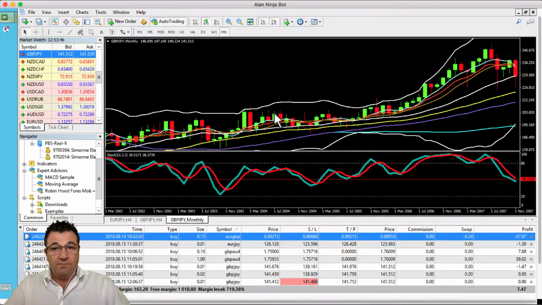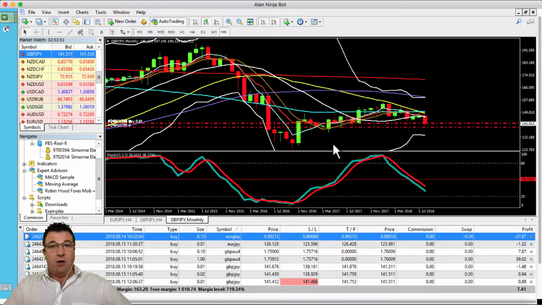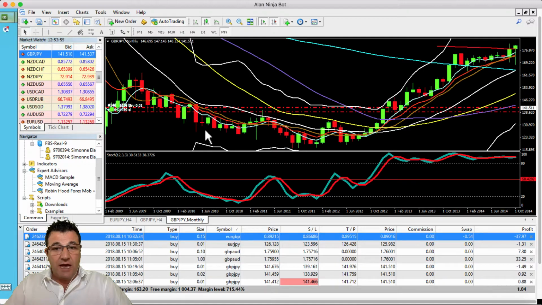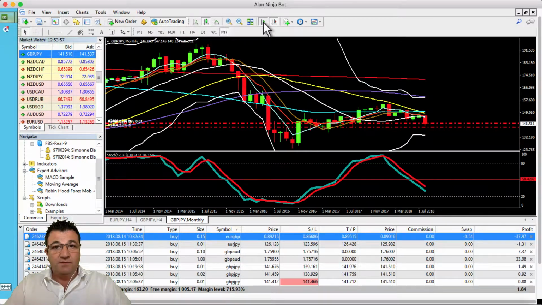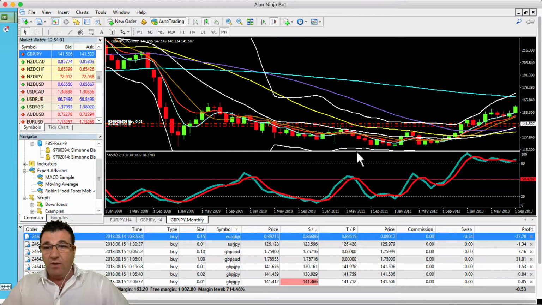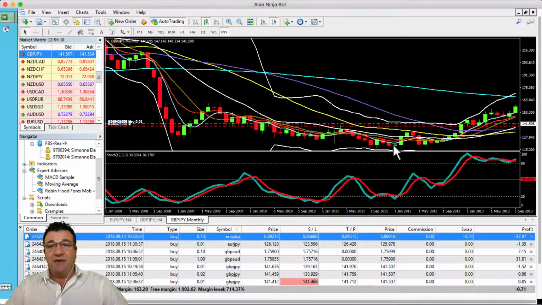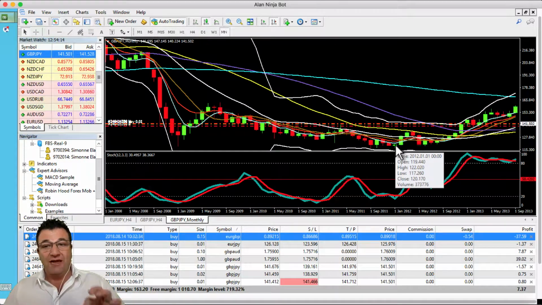Let's have a look at this chart. If you look back in history on this chart, you can see when was a good time to actually get involved in this trade. Let's see where we can see some dojis here. There is a doji over there, where the open and the close are very close together, and this gives you an indication of when you should be entering a trade.